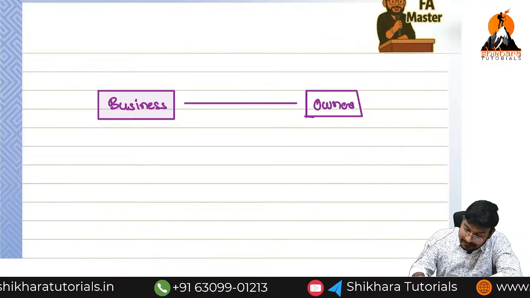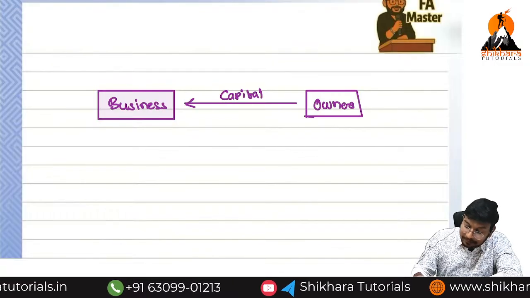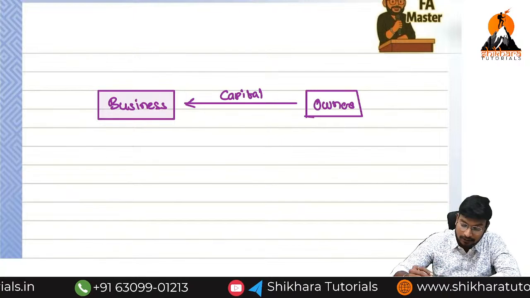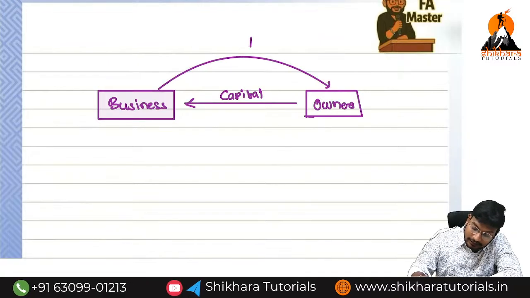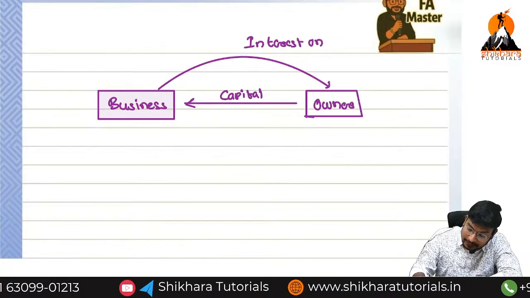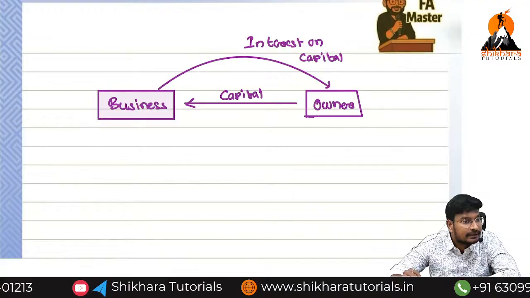Yes or no? He is giving a capital. Here the capital is asset or liability? Liability. On this liability we need to pay what? Interest. This interest is called interest on capital.